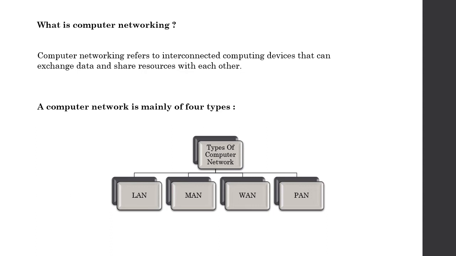Then we will move on to the next network, the local area network. This is a group of computers connected to each other in a small area such as a building, office, school, or home.